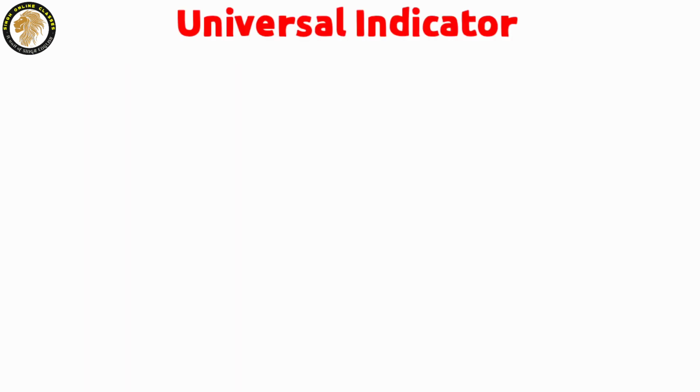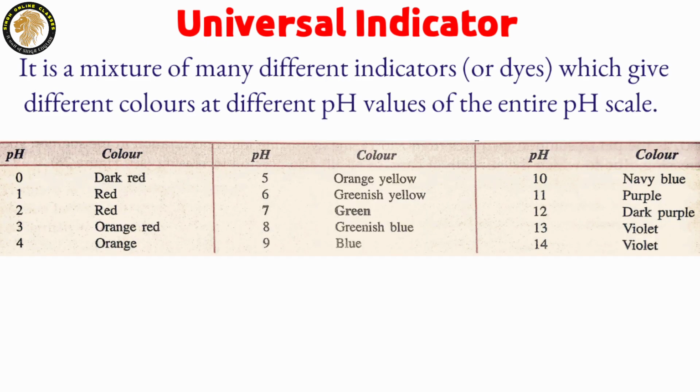Now let's understand what a universal indicator is. We have already studied different types of indicators, but here the term universal indicator comes. So what does it mean? A universal indicator is a mixture of many different indicators, or you may say dyes, which give different colors at different pH values of the entire pH scale.